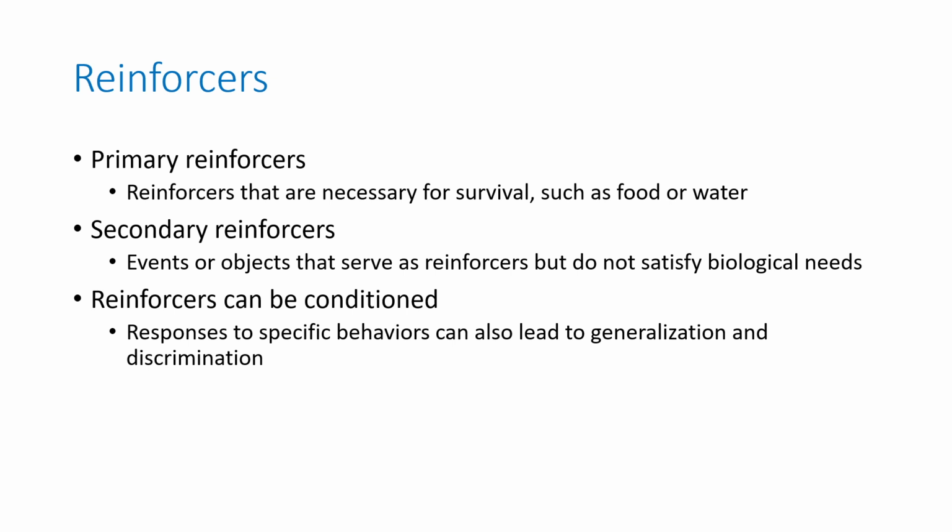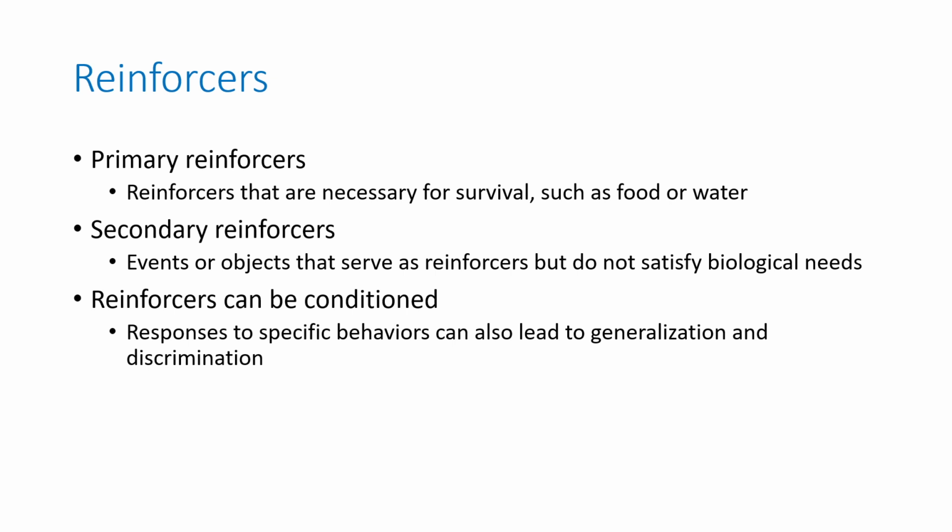Secondary reinforcers are events or objects that serve as a reinforcer but do not satisfy a biological need. A classic example of this is money. You could get a person to repeat a behavior if you offered to pay them, but handing somebody a dollar bill doesn't actually satisfy a biological need. I guess you can eat it, but it wouldn't do you any good.